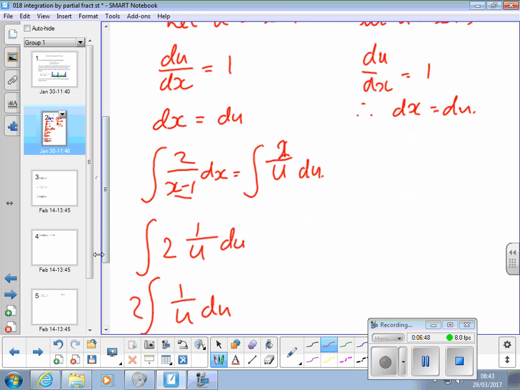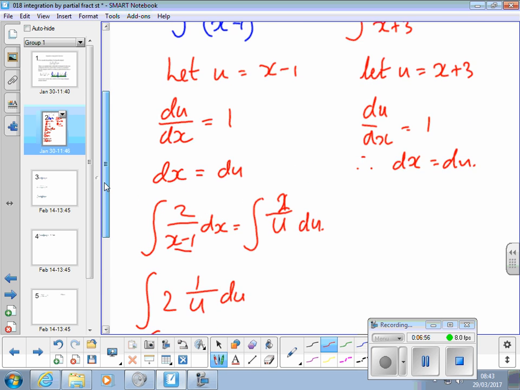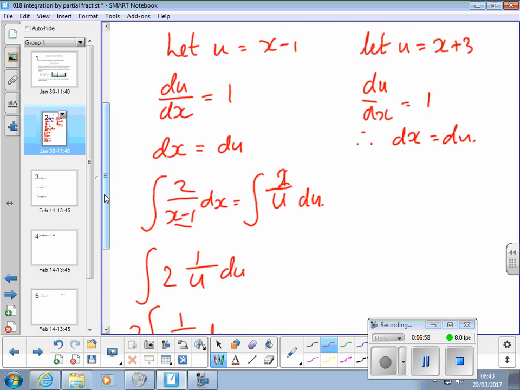We maybe don't need to write this out so many times. I read it all out that time just to show the process, really. So we're now, therefore, integrating 5 over u.